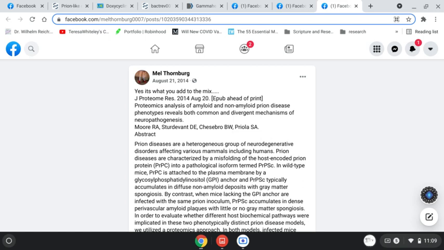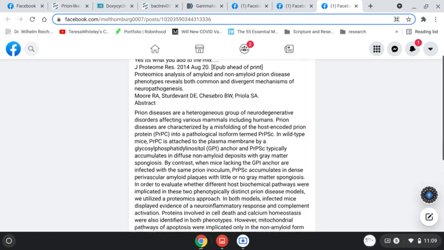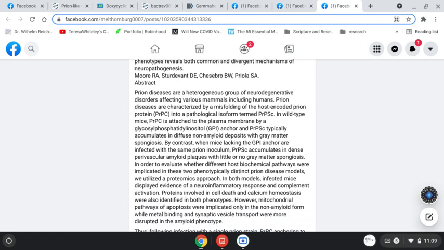In wild-type mice, prion protein is attached to the plasma membrane by a GPI anchor, and the PrPSc typically accumulates in diffuse non-amyloid deposits with gray matter spongiosis. By contrast, when mice lacking the GPI anchor are infected with the same prion inoculum, the PrPSc accumulates in dense perivascular amyloid plaques with little or no gray matter spongiosis.